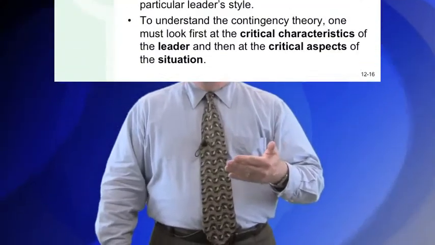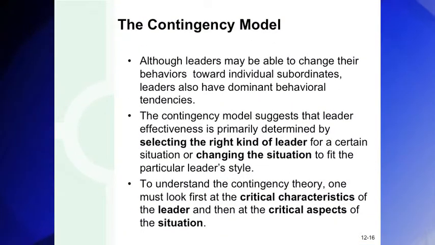That is, their propensity to be more task-oriented, to focus on the task, and so willing to tell people what to do, willing to direct people, and so forth. So the contingency model suggests that leaders' effectiveness is primarily determined by selecting the right kind of leader for a certain situation, or changing the situation to fit the particular leadership style.